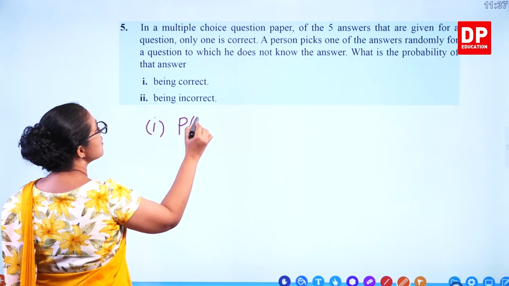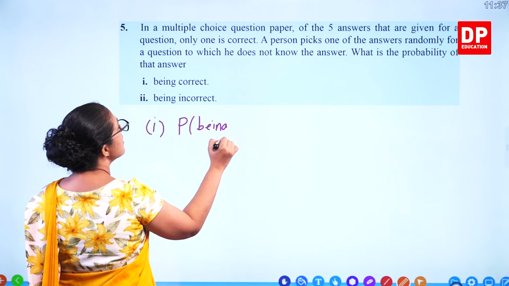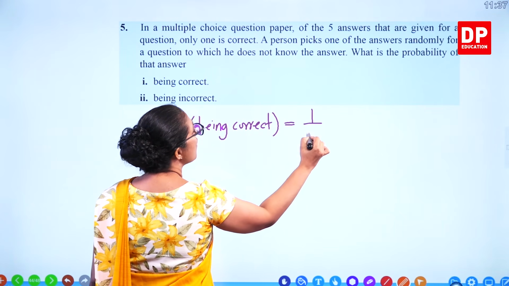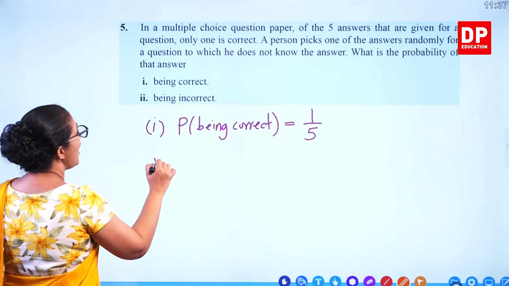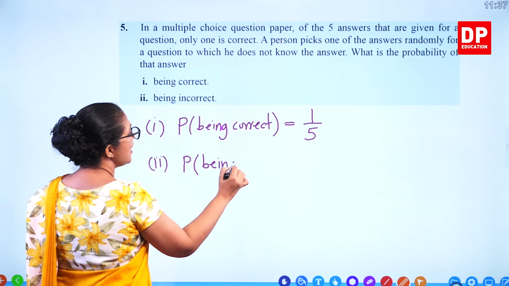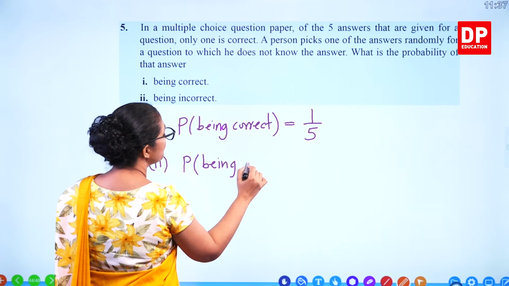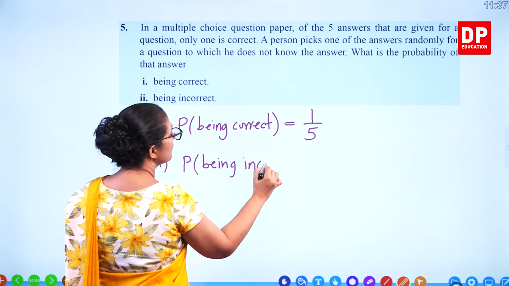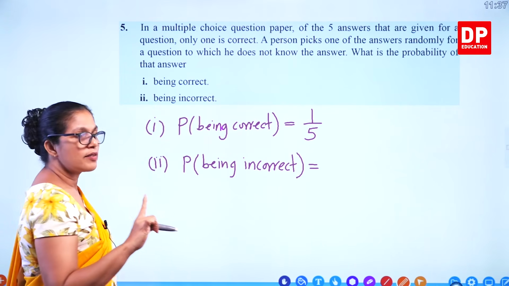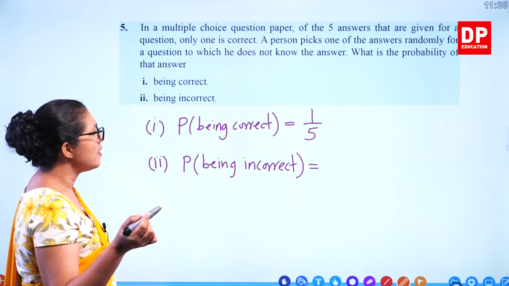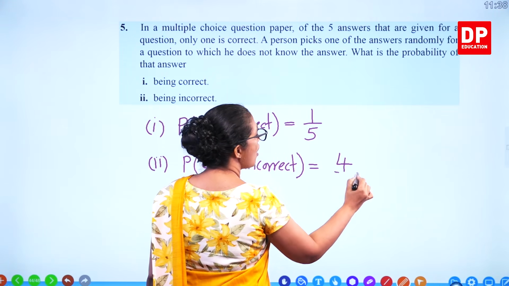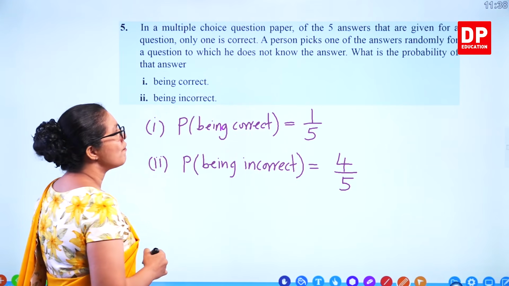So the probability of being correct is 1 possibility out of 5 answers, 1 over 5. And being incorrect, it can be all other 4. Not the correct one. So when you take out the correct one, there are 4 incorrect answers. So 4 out of 5, 4 over 5.